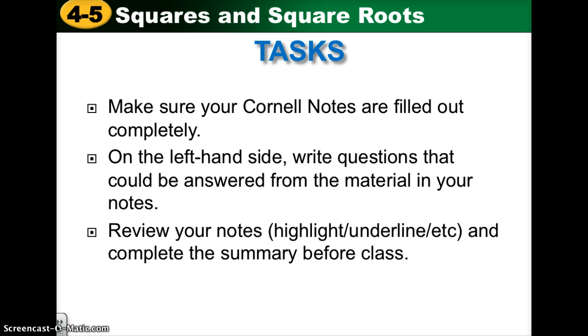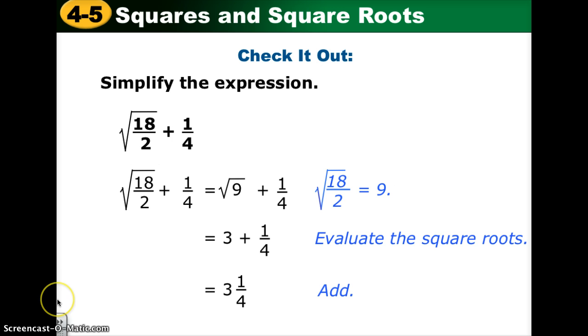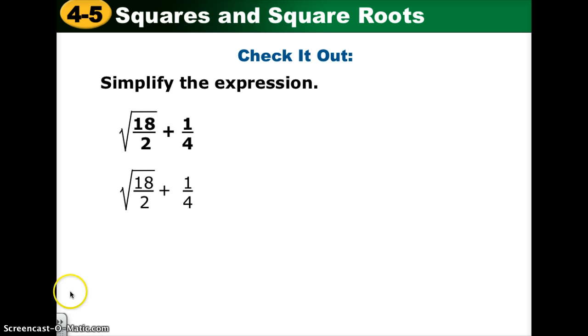Before we finish our notes, I want to go back for a second, and I want you to make a quick list in your notes of the perfect squares. So I'm going to use this open space to do that.